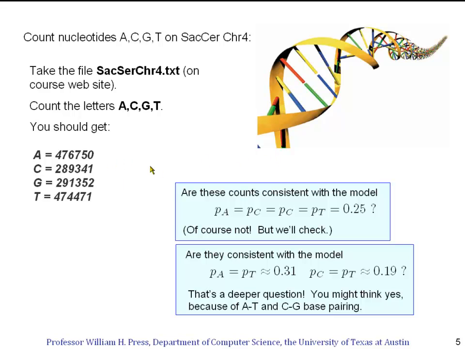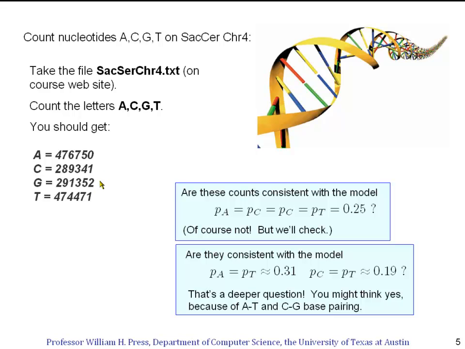Well, I'll give you a hint. What's in the text file here is one strand of the double-stranded helix. And it's consistently the same strand all the way down through chromosome 4. So if these numbers turn out to actually be statistically different, it will mean that there's a statistical difference between the two strands of chromosome 4.